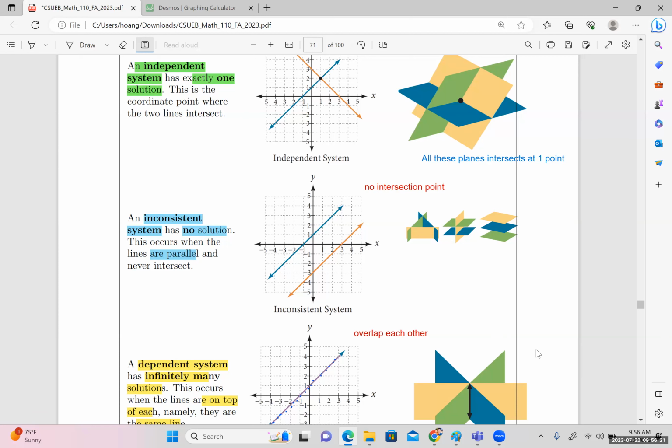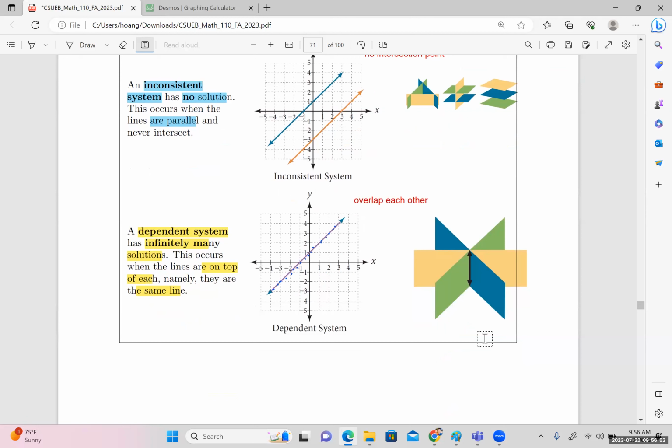It could be that one of them crosses two other parallel planes, and still you don't have any intersection point that all three planes go through. Lastly, in the case where all three of them are parallel, you have no intersection point at all.